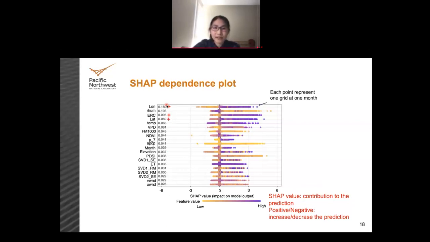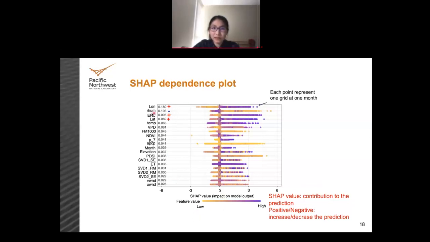Same for ERC and latitude. We see when ERC is high, purple, generally the SHAP value is positive, so it will increase the burn area. And the negative impact is associated with low ERC. While RH is reverse.